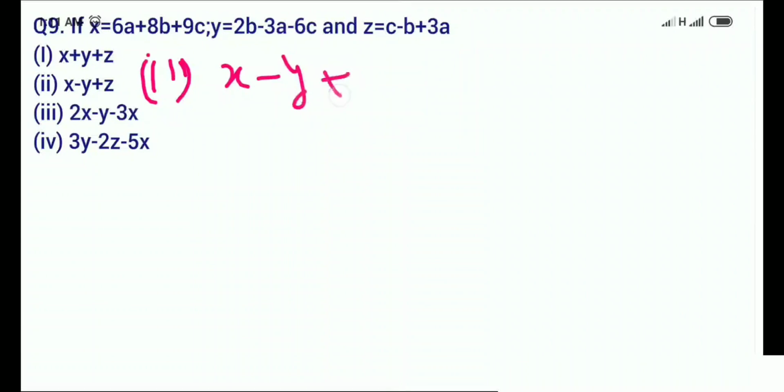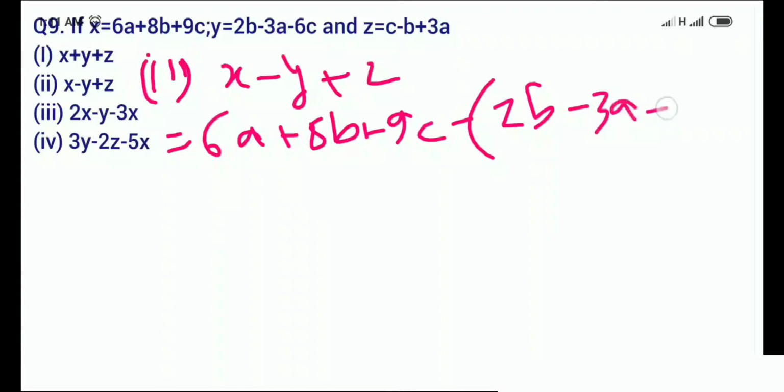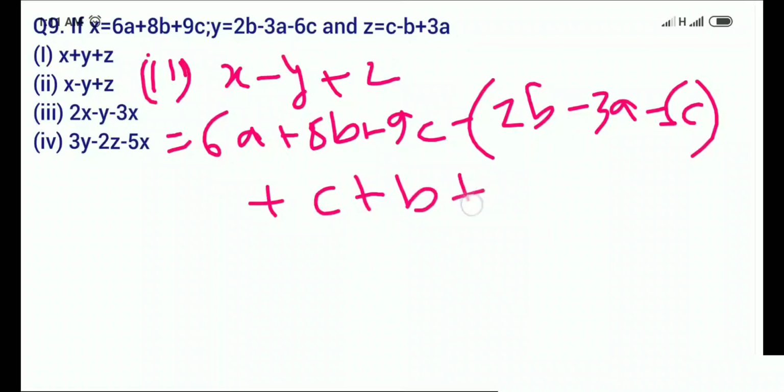Minus y plus z is equal to 6a plus 8b plus 9c minus, write the value of y, 2b minus 3a minus 6c plus z, that is c plus b plus 3a.